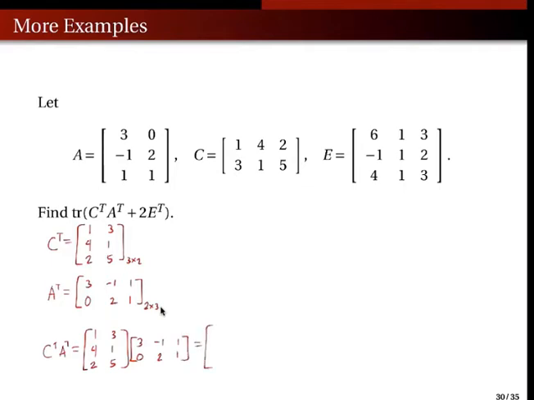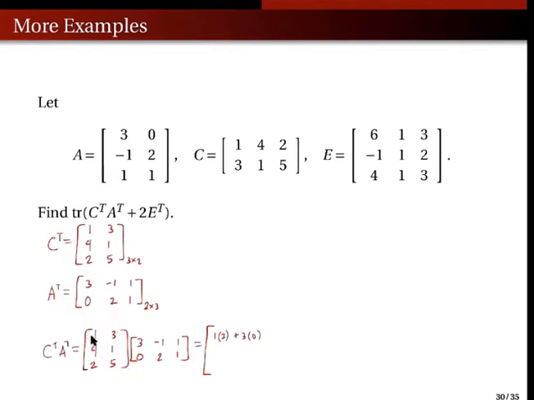So first, we will have a 3 by 3 matrix in here. So here you have 1, 3 multiplied to 3, 0. So 1 times 3, then plus 3 times 0.